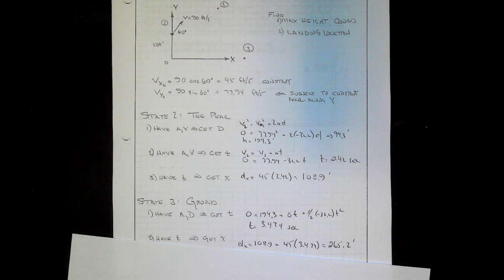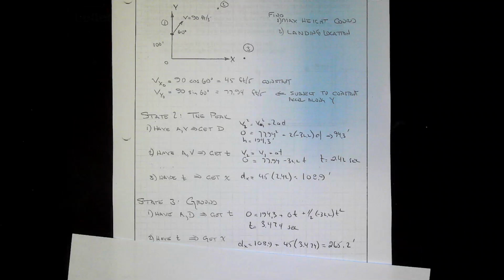Now find the height coordinate. We know the y part; we need the x part. To get the x part, it's going to be 45 feet times time, so we just need time. We have acceleration, we have velocity, so we can get time. That's v2 equals v1 plus at.